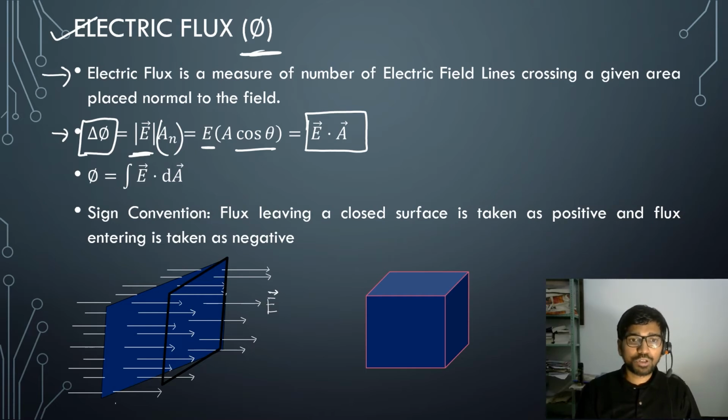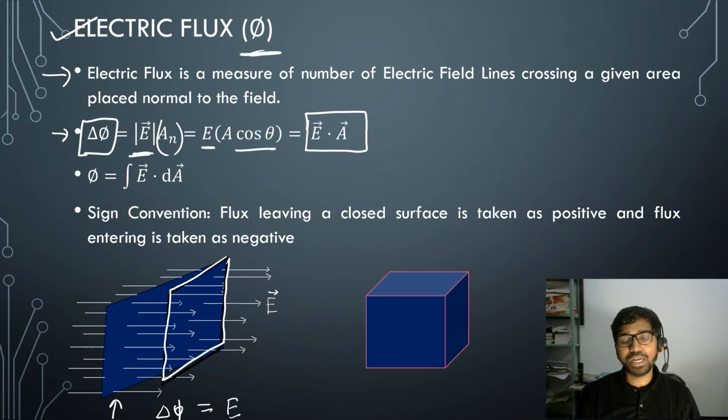Fine. For example, in this given case where a uniform electric field is crossing the shaded region and you have to calculate the electric flux, how will you do that? You will multiply the magnitude of the electric field with the component of the given cross-sectional area. Suppose the given cross-sectional area is making an angle theta with the field.